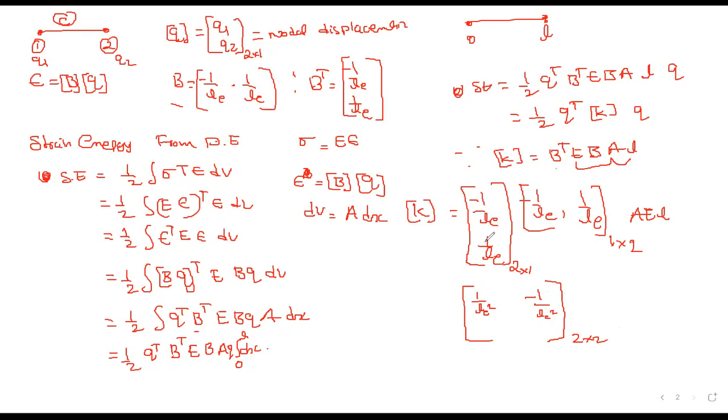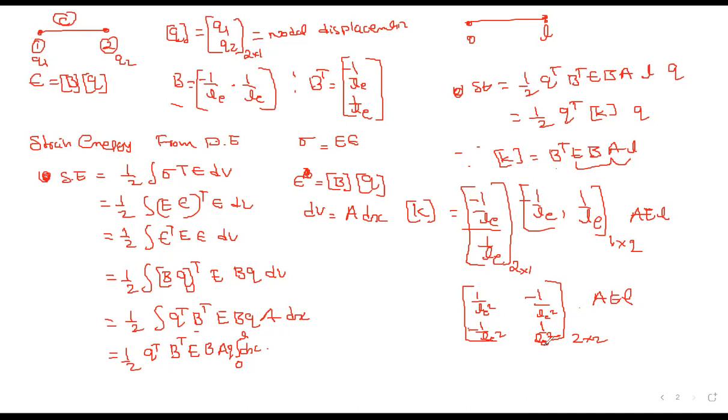For the third term, this is the second row into the column, so 1 by L into minus 1 by L gives minus 1 by L square. The last one is again 1 by L square. Here you are going to get AE.